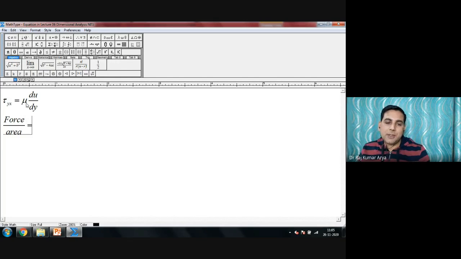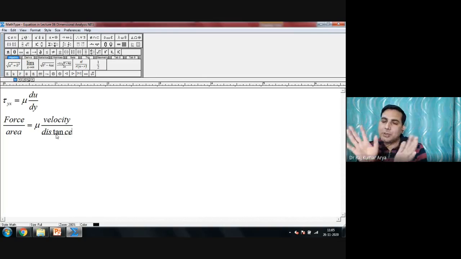Viscosity is what you want to calculate, so you can write this. What is the dimension of this term? First is velocity. This du is nothing but velocity. I'm talking about the dimensions, so I'm not considering d and all this now. Next one is delta y, which is nothing but distance only, right?